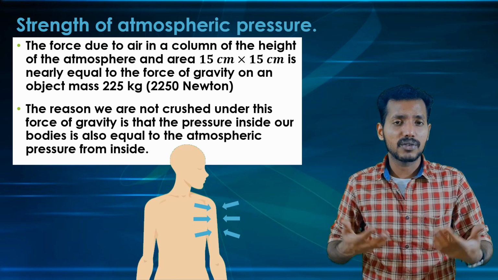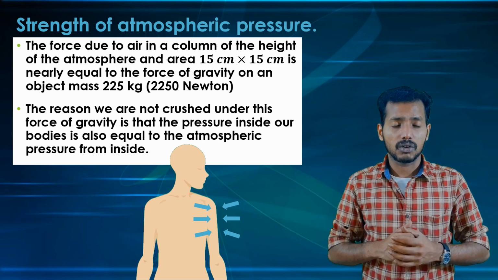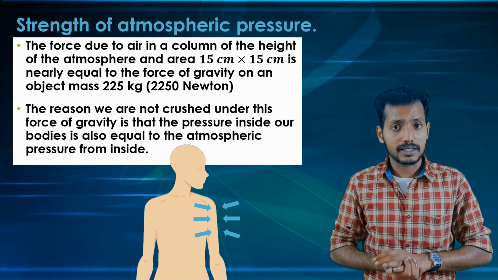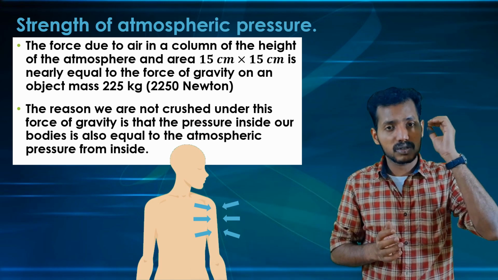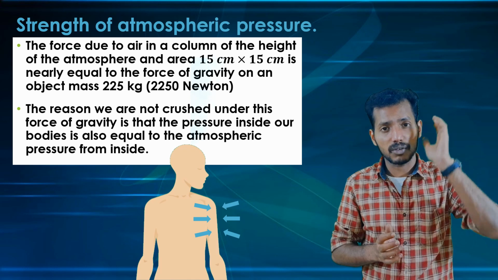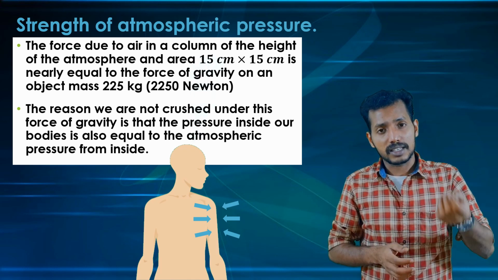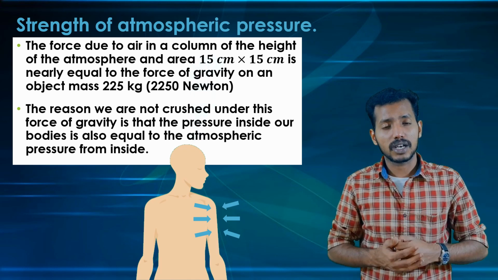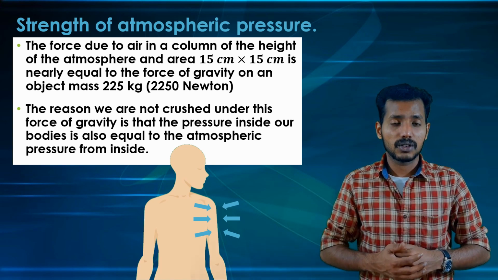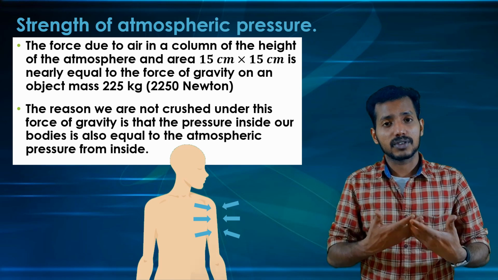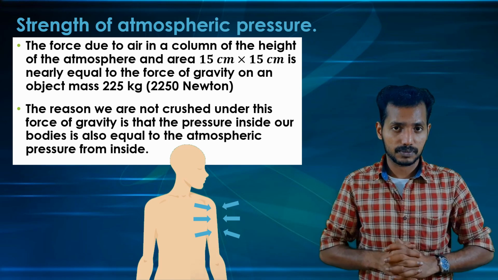Then what is the reason we are not pressured under this force or this pressure? The reason is that whatever the strength of the atmospheric pressure outside our body, the same strength of atmospheric pressure is also present inside our body. So the net atmospheric pressure will be 0. Clear?